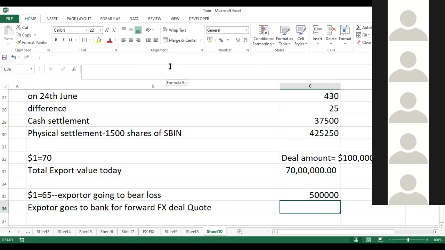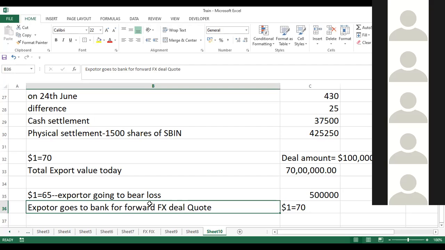The quote he is asking for is $1 equal to 70 with his bank. The bank can deny the quote. The bank can say no, we can't offer that, we can offer only $1 equal to this and this. So it depends upon the bank, whether it is comfortable to offer the same quote or not. If the bank is comfortable, then it is fine. If not, the bank will change the quote value. They can say, I can offer you $1 equal to 69.5, and so on.